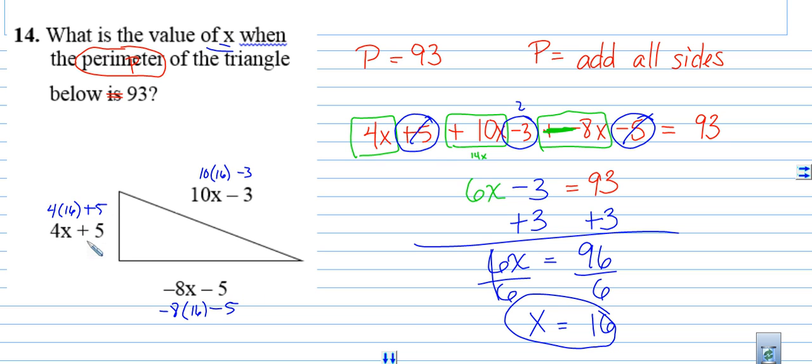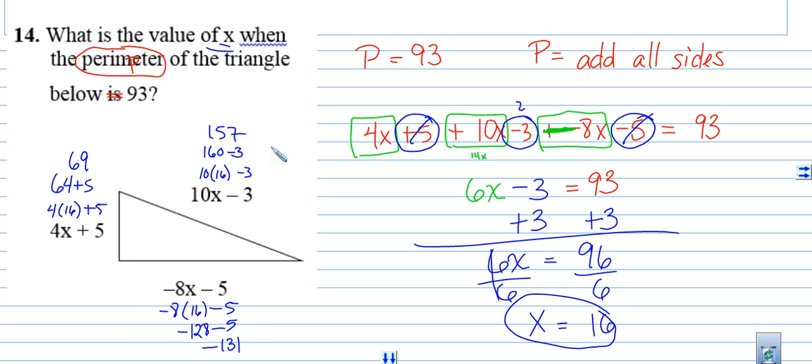And so that gives you 64 plus 5, which is 69. This gives you 160 minus 3, which is 157. And then this gives you negative 128 minus 5, which is negative 131.